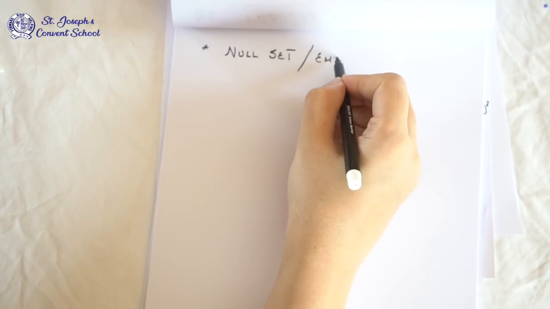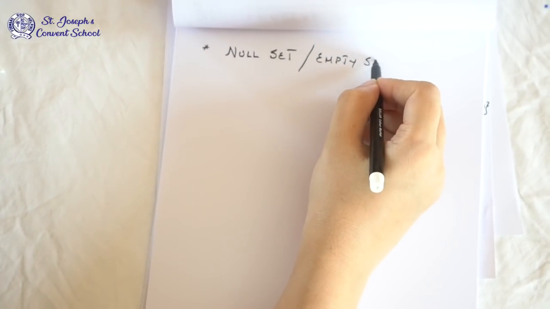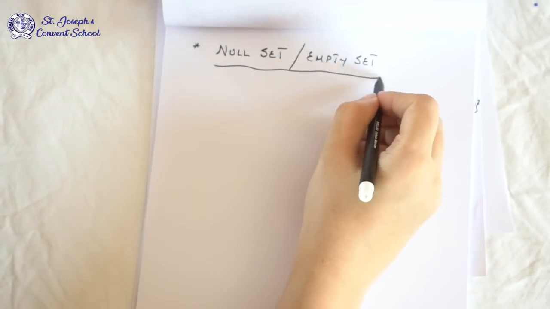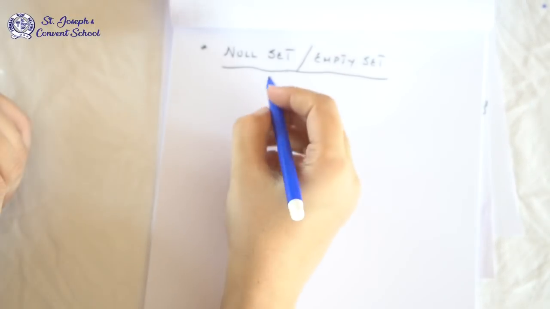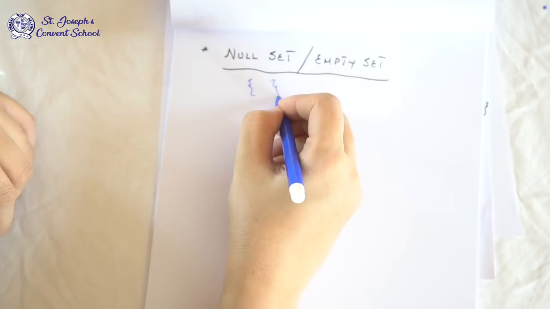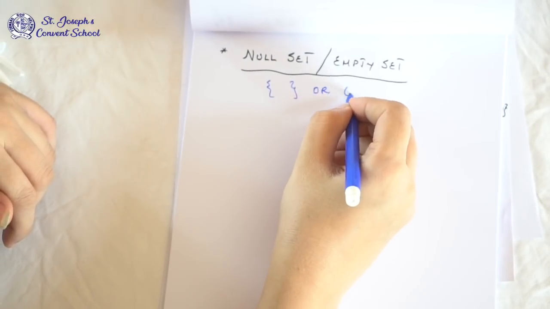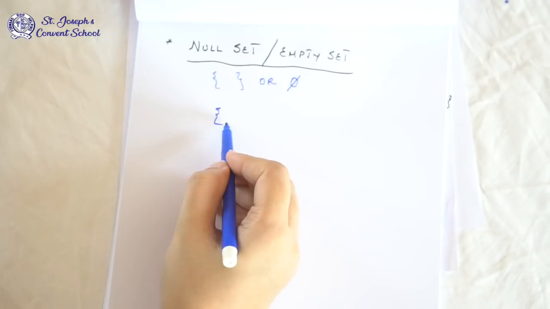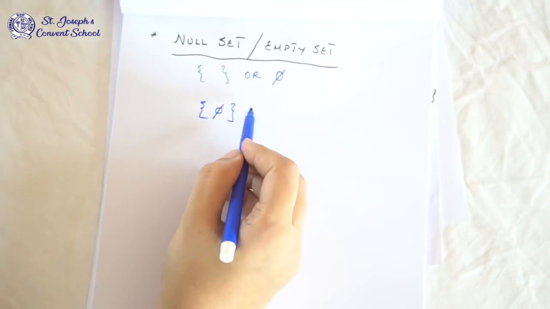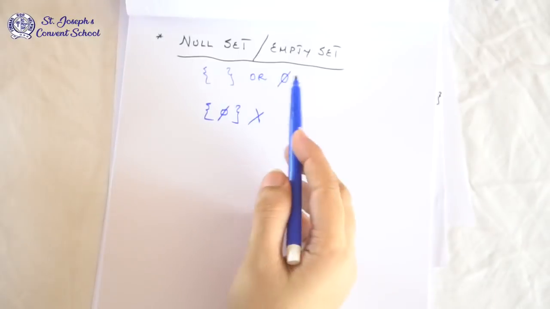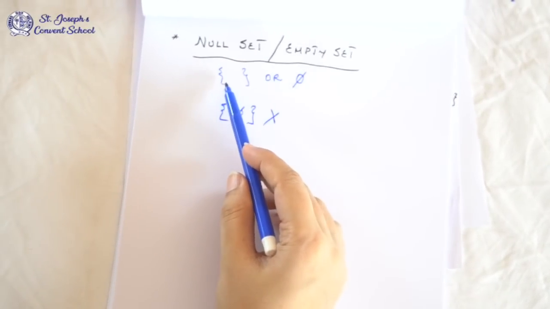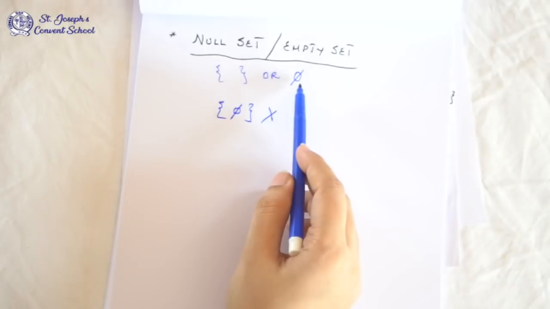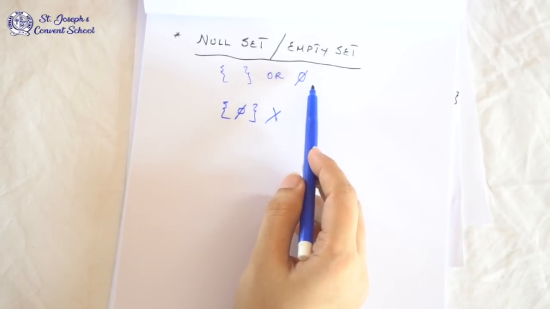Now, how do we represent a null set? We always represent it like this, or you can write it like this. If you write the null set this way, this is wrong. So write this empty one, curly brackets, or in this form. Okay, this is the null set.